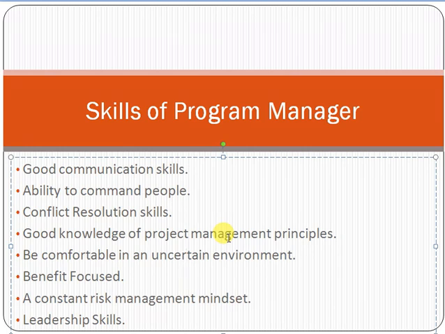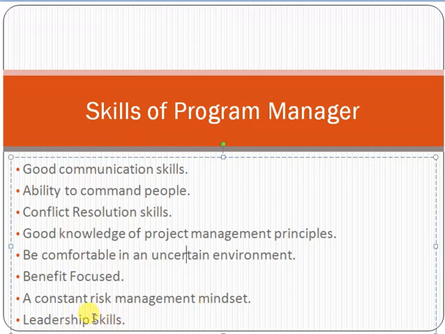A constant risk management mindset means that the person is always considering and identifying risks and making response planning according to the risk. He has a mindset of risk management. Also he should have good leadership skills.